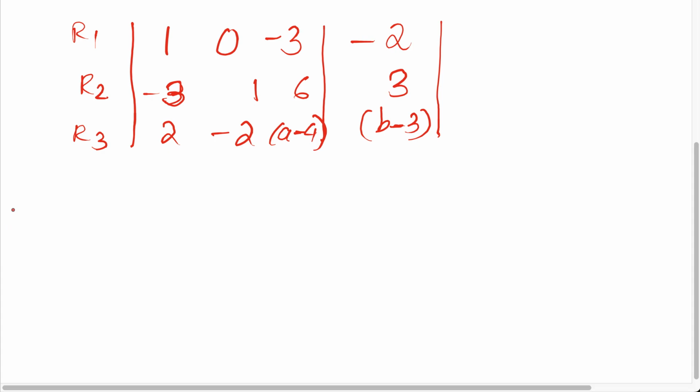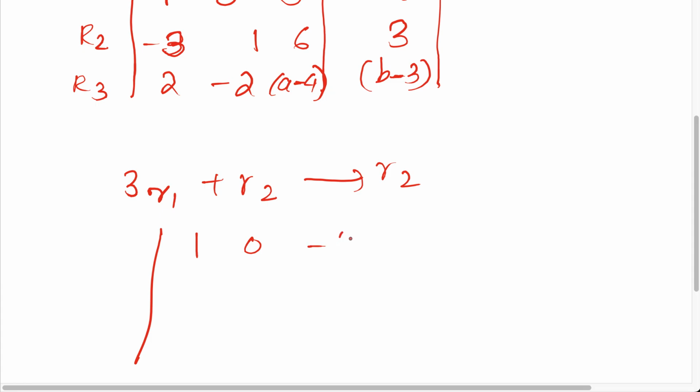So the first place we will start with is, and I'm going to do it slightly faster this time because now you're familiar with it, I'm looking at R2 plus 3R1, where R1 is row 1. And what am I changing? Am I changing R2 or R1? Well, I'll change R2.